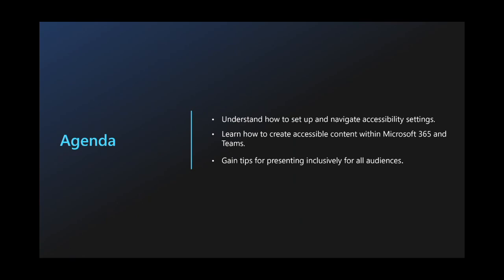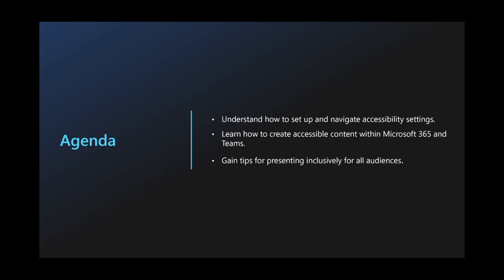So as I said, we're focusing on accessibility across the different Microsoft 365 tools. We'll look at some of the built-in accessibility tools and features within the different technologies. And focusing on features, for example, we'll start off with how we can customize our settings inside of Windows. Then we're going to be looking at how we can set ourselves up for success in the Microsoft Office applications, including some settings there.